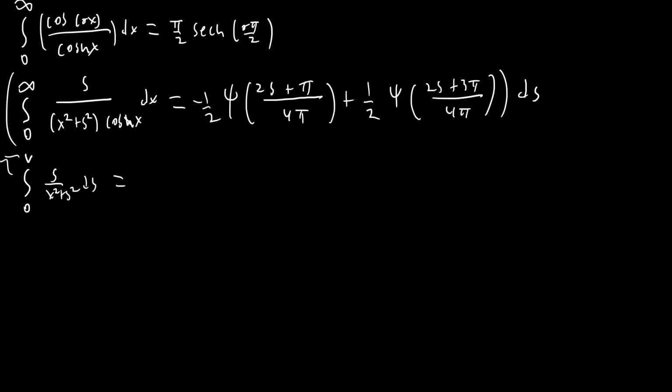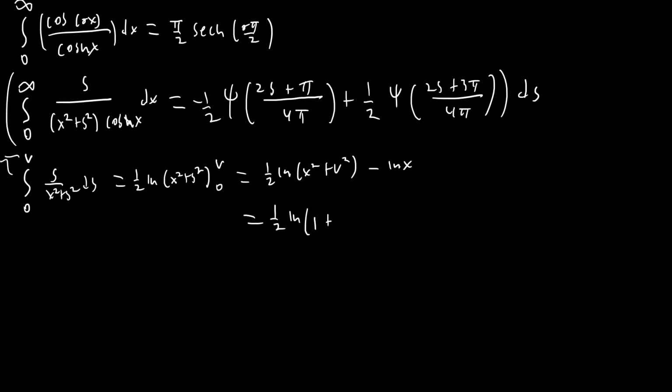Which is just going to be 1/2 ln of x squared plus s squared evaluated at v and 0, which is equal to 1/2 ln of x squared plus v squared minus ln x, which is the same as 1/2 ln of 1 plus v squared over x squared. So that's what we're going to have on this side.